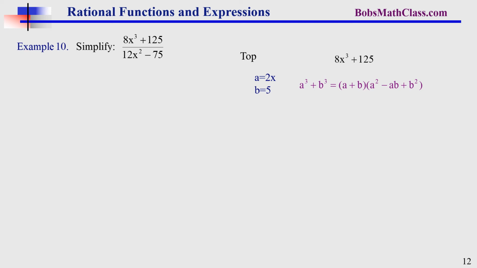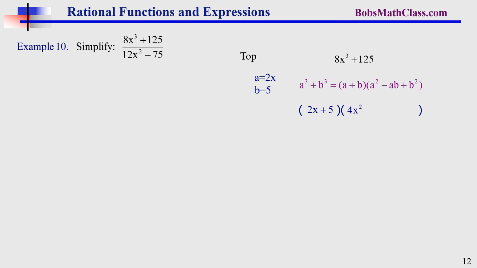And then we had two formulas. One formula for the sum of two cubes, that's this formula. And one formula for the difference of two cubes. Okay, so now we just follow the formula. It says a plus b, so that'll be 2x plus 5. Now the second part, it says a squared. Well, a is 2x, so that means 2x times 2x, 4x squared.